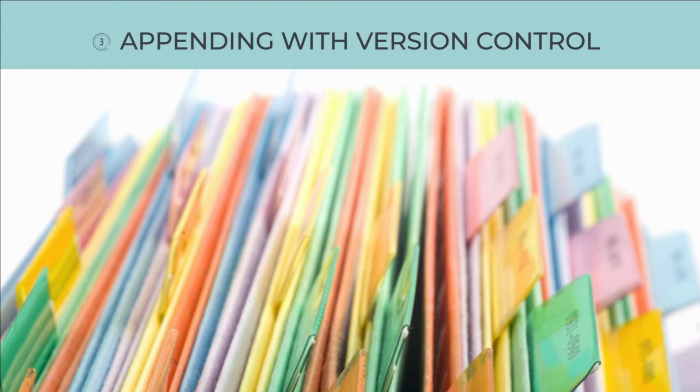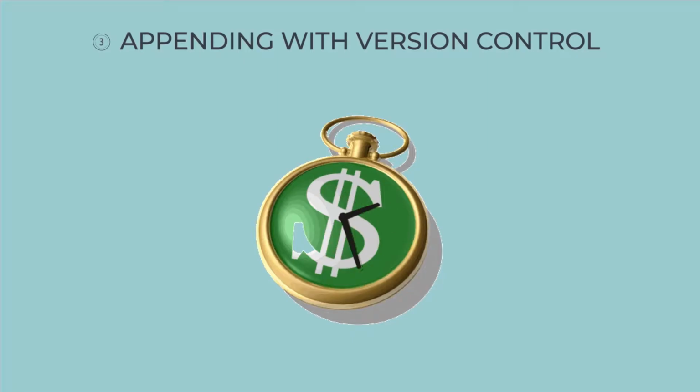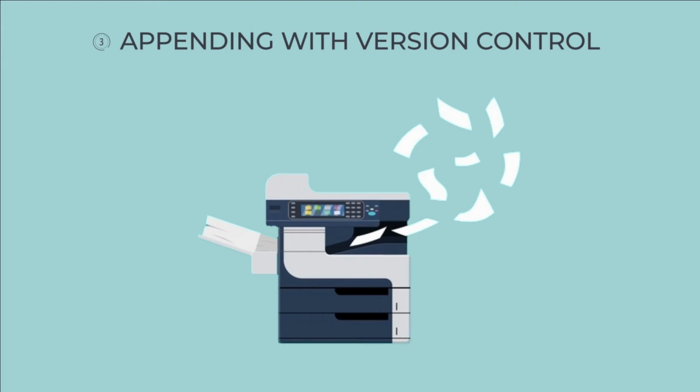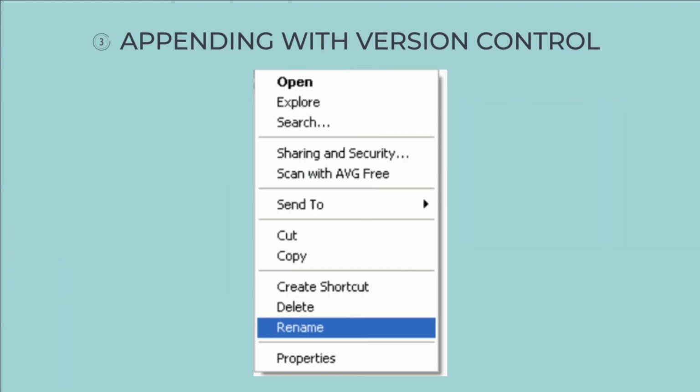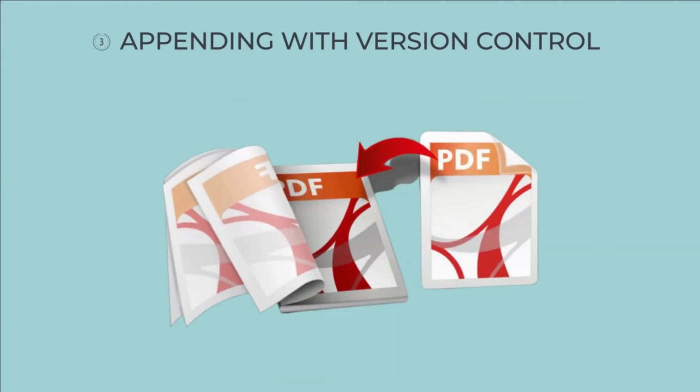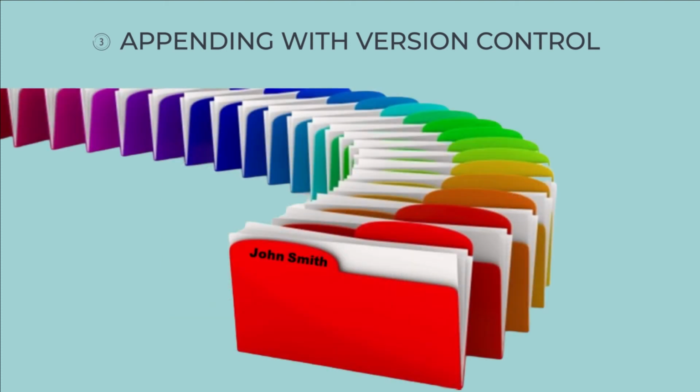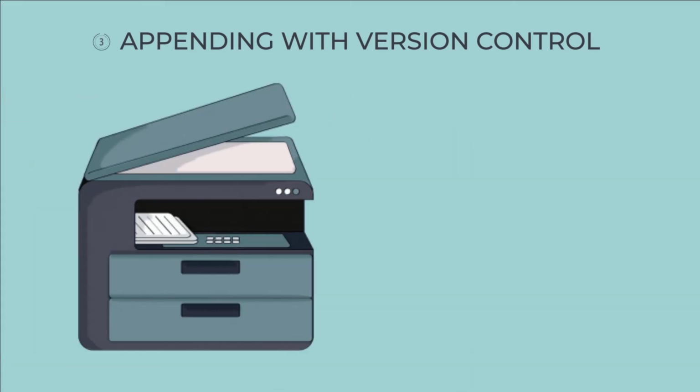Then you can add it to the back of the file, requiring stapling or dividers, and then refile it, which all takes extra time. If it's an electronic file you want to add the new scanned document to, this can require a process of scanning, moving, renaming, and appending, even if you have the knowledge to do it. Alternatively, you can end up with multiple files all relating to the same subject, which makes it harder to look through in the future. Filestar can make this process simple.